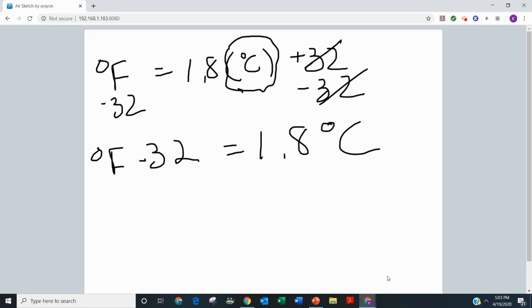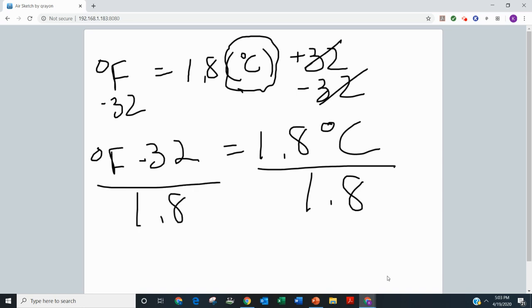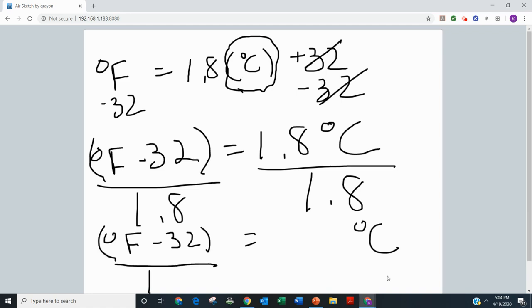This is where I find most students make their mistake. So at this point, you have to divide both sides by 1.8, which means that you have to divide the entire left side by 1.8. So you end up with degrees C equals degrees F minus 32 divided by 1.8.